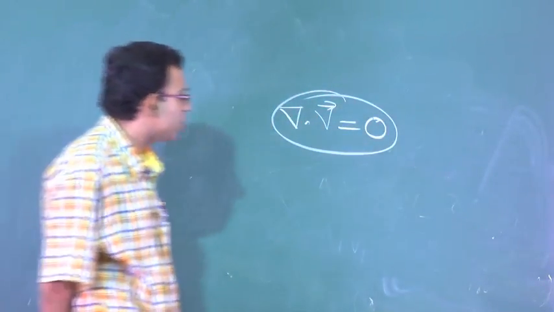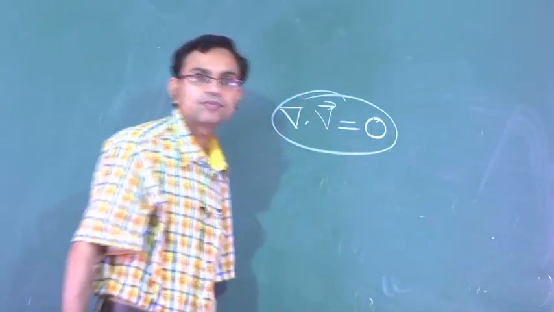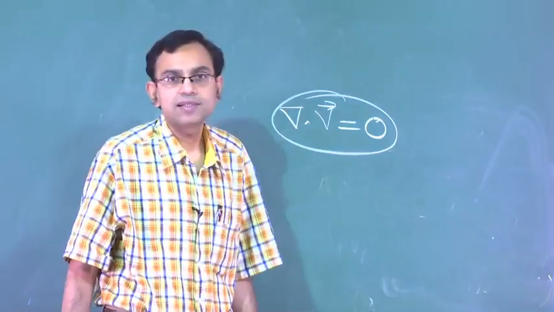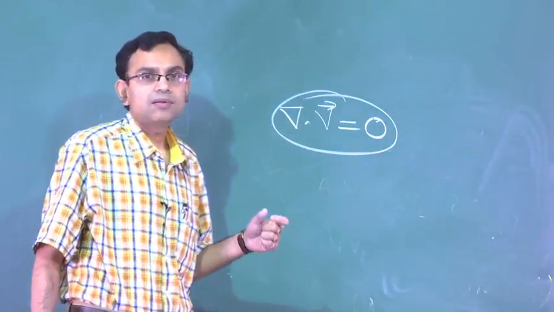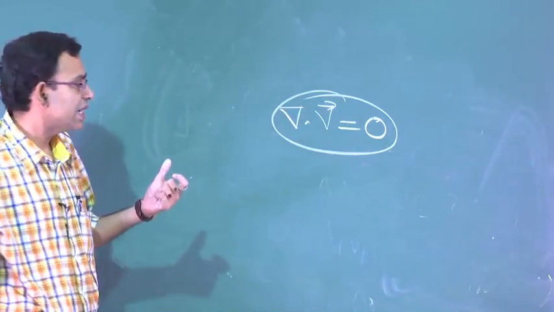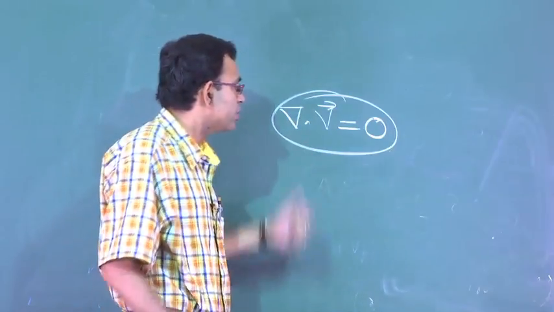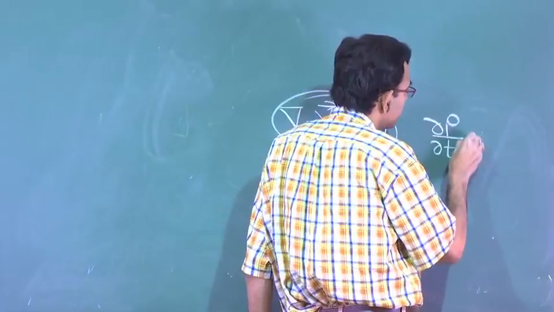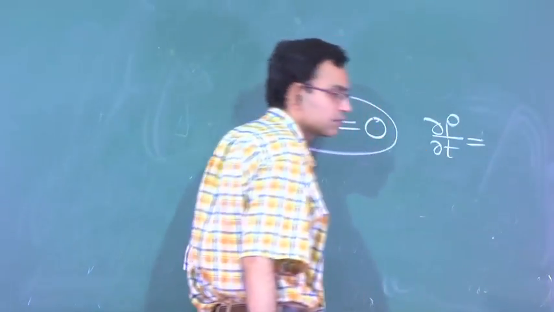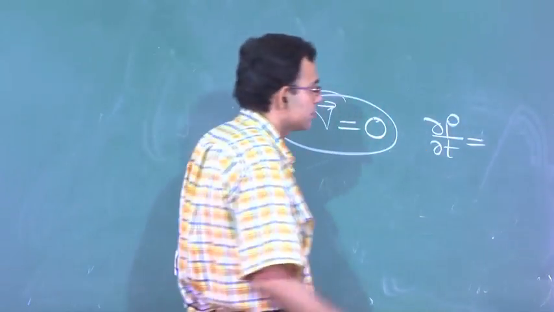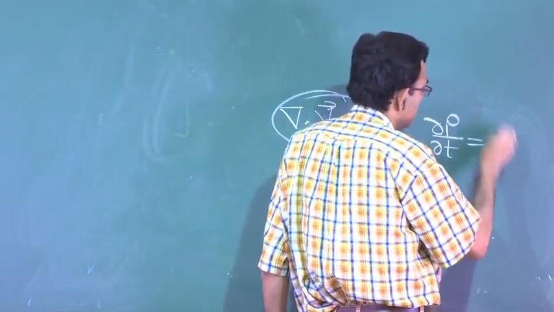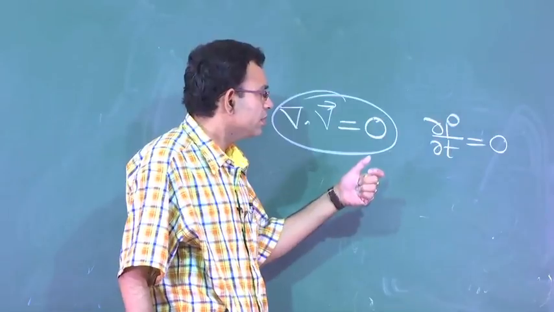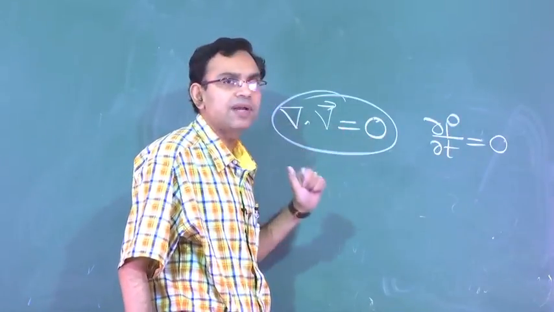So, this just talks about incompressible flow, not about the steadiness or unsteadiness. The illusion that is created is you think that the del rho del t term in the continuity equation is not there, and therefore this equation is arrived at.